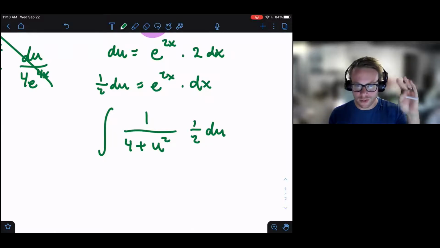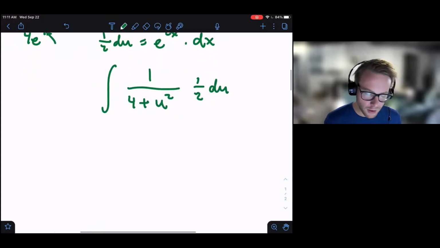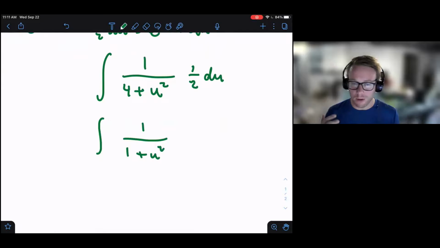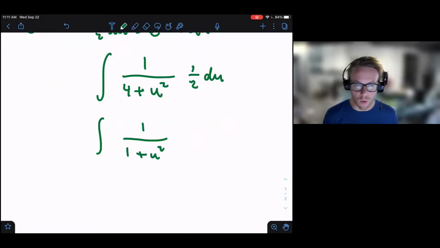But hopefully you see, this is 1 divided by a constant plus u squared. This is looking a lot like arctangent. Okay, so again, the formula for arctangent looks like it has a 1, right? So usually if it was 1 divided by 1 plus u squared, this would exactly be arctangent here, but we have a 4. And so we need to kind of think about, okay, how can we manipulate this so that we get this good 1 here?